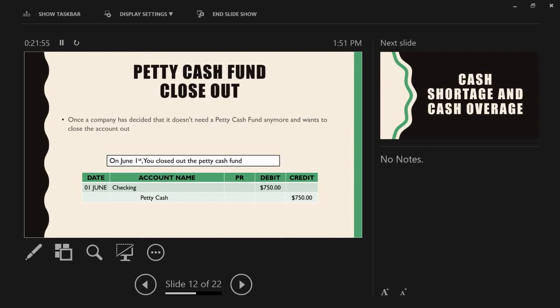I'm going to take all the money in there and deposit it into my checking. And that's all you do. How you record that is you debit your checking because you're putting the money back into your checking, and you take away from the petty cash fund. So your petty cash fund should be $0.